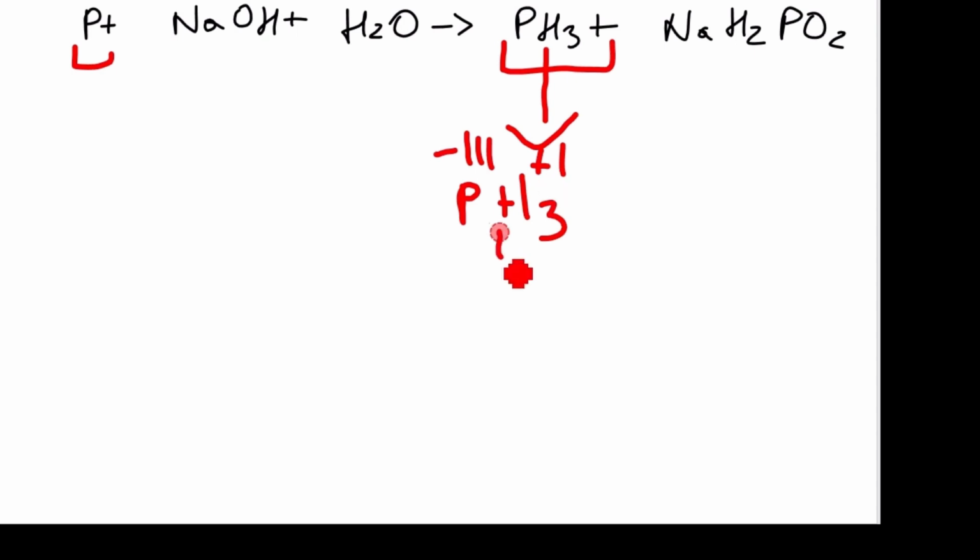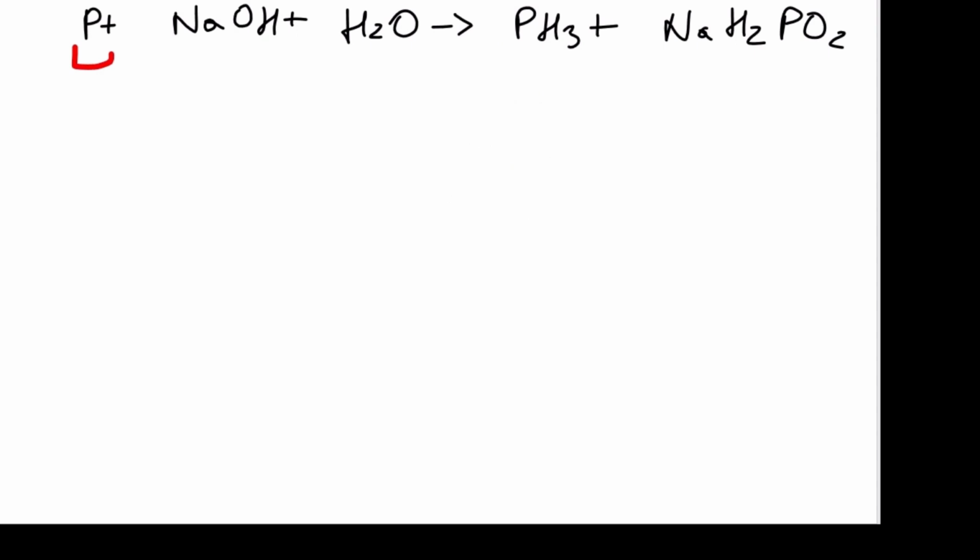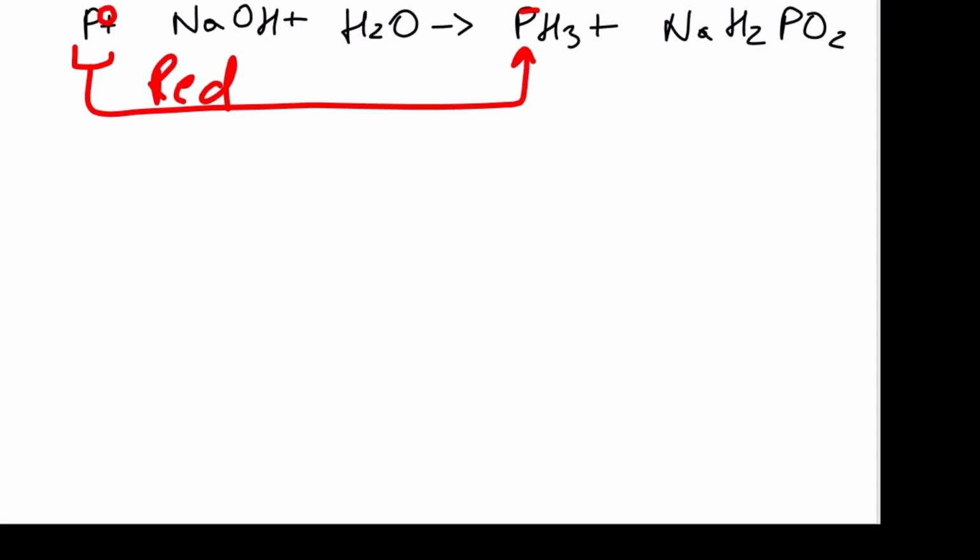So 3 hydrogen atoms give us oxidation state equal to +3, so the phosphorus oxidation state needs to be equal to -3. So we found the reduction reaction from oxidation state 0 to oxidation state -3.